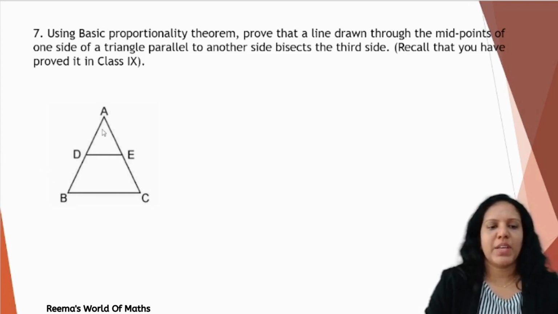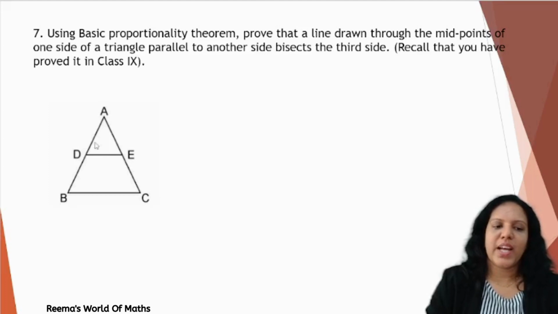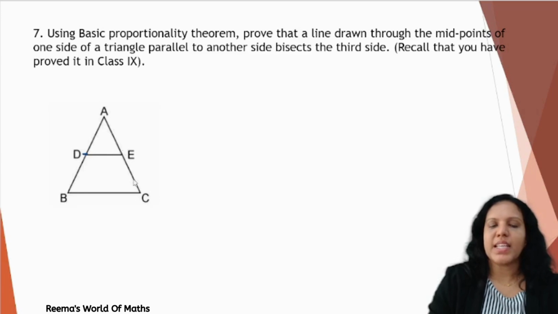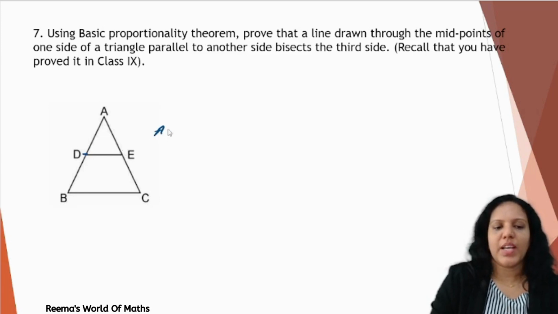So we are given a triangle. Let's draw a triangle ABC and a line drawn from the midpoint of one side. D is the midpoint of AB and E is the point where the line intersects the other side. What do we have to prove? We have to prove AE equals EC.